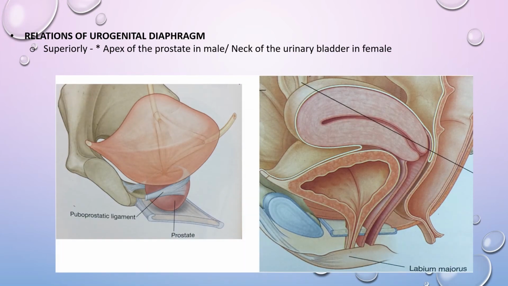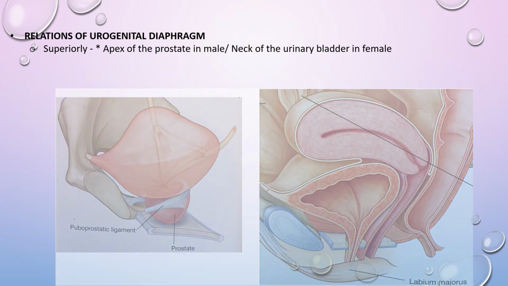In the diagram on the left side, you can appreciate the deep perineal pouch. Above it lies the prostate. In the diagram on the right side, above the pouch lies the neck of the urinary bladder.